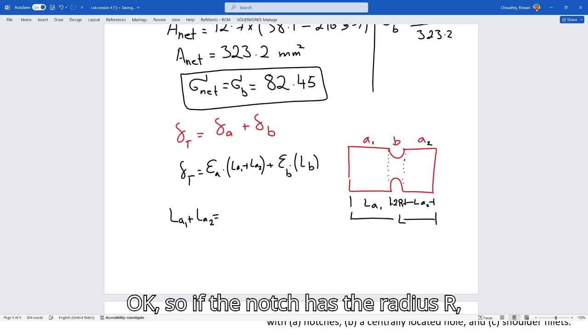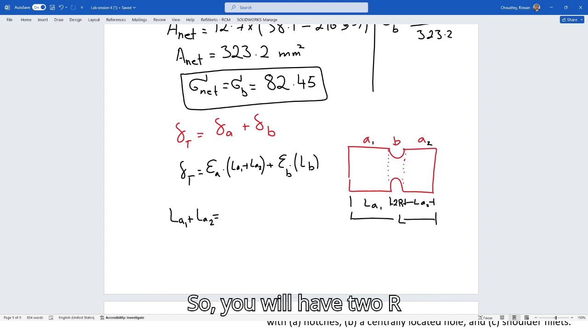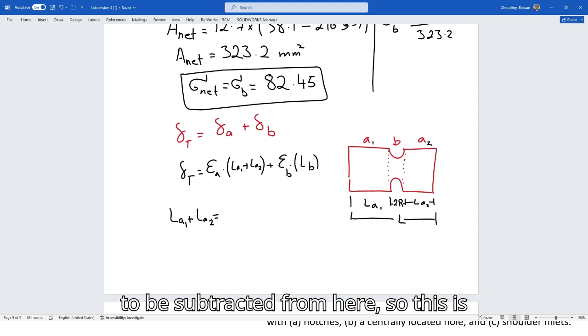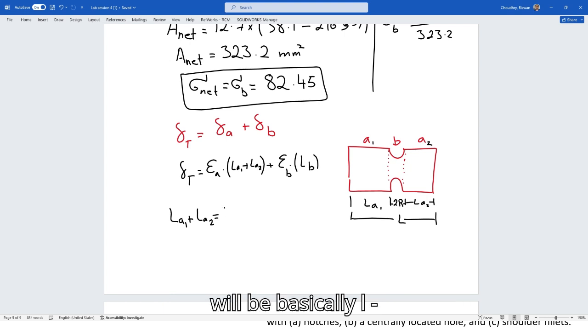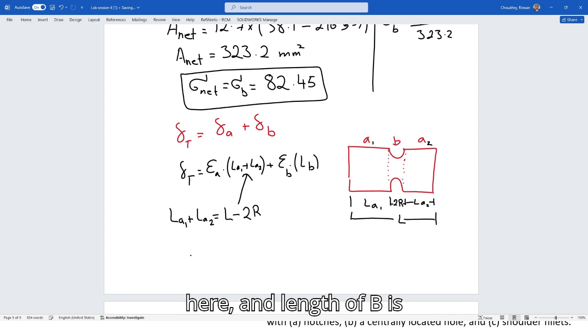If the notch has the radius r, because this is a circular notch, you will have 2r to be subtracted. So this will be L minus 2r, and that's the length that will go in this equation. And the length of B is simply going to be 2 times the radius, okay?